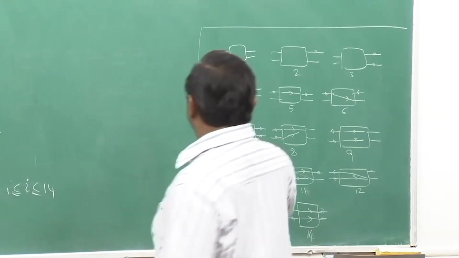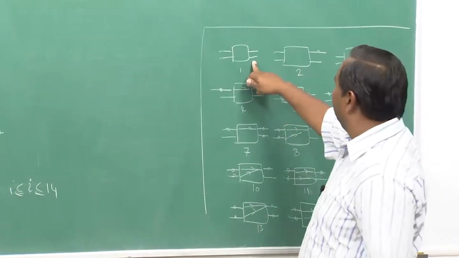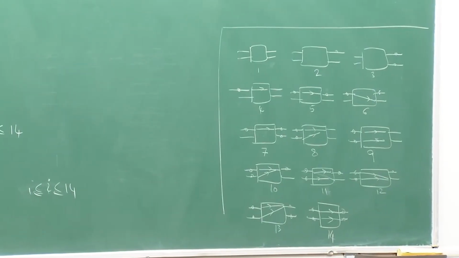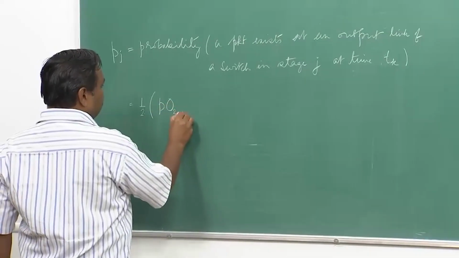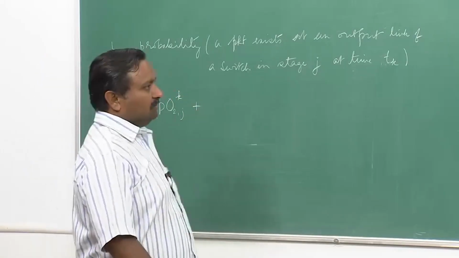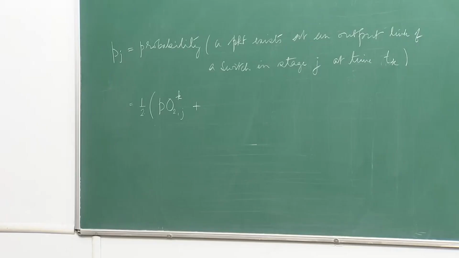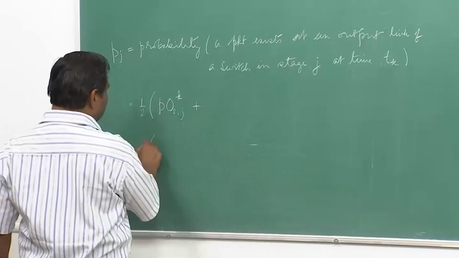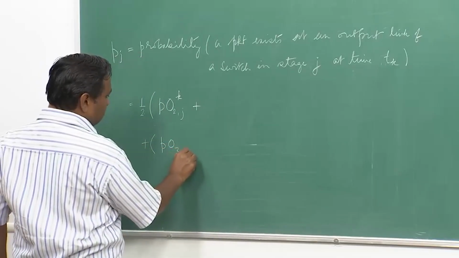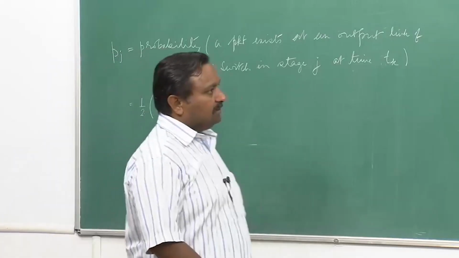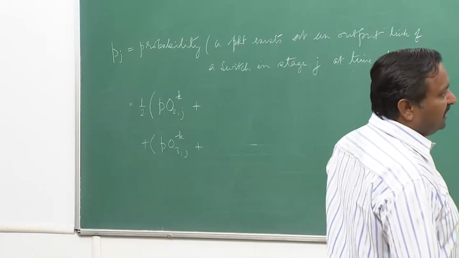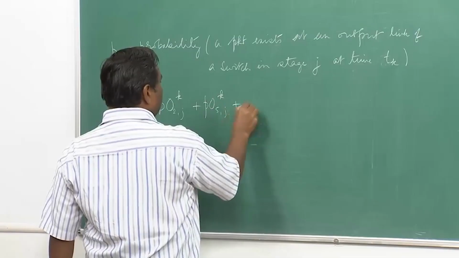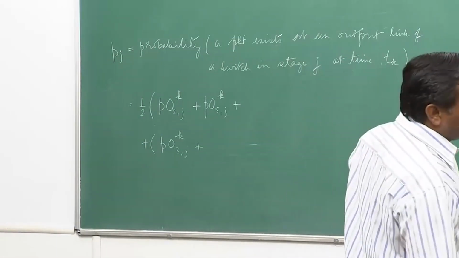So, I will be using P 0 and the various states. When you are in state 1 there is no packet at the output link, so this cannot be there. With half it is going to be there if you are in state 2. So, I can write down this half P 0 2 j k. The third one, there are two packets. So, there will actually be two terms, one with half, the other one without half. So, this will be P 0 3 j k. The fourth one will not be there, the fifth one will be there with the half, and similarly the sixth one will be there with the half.